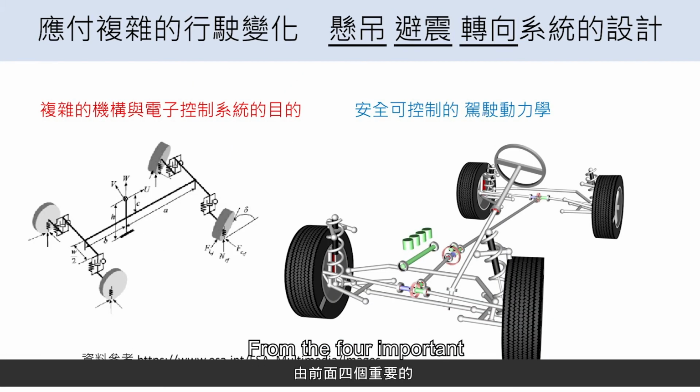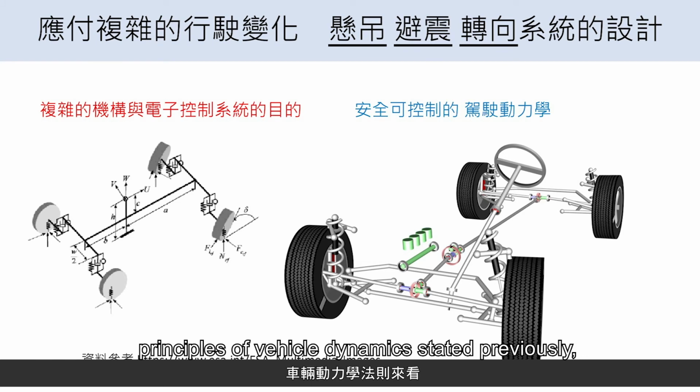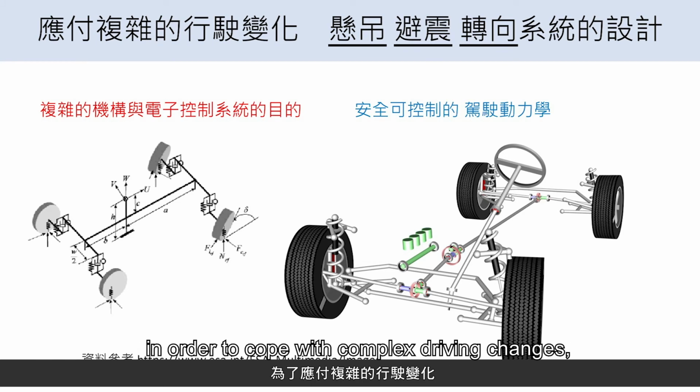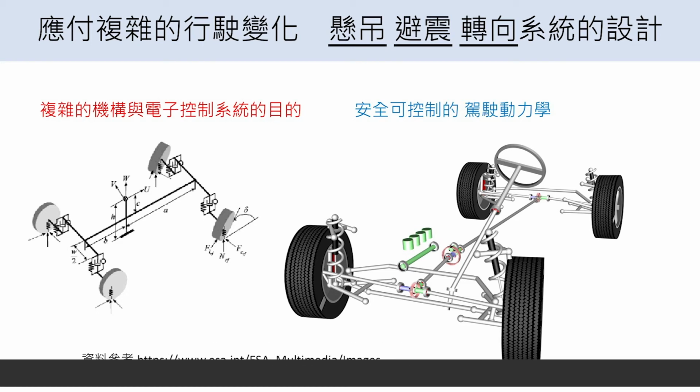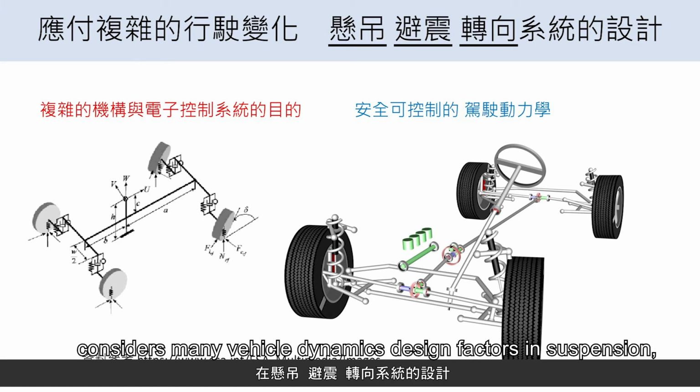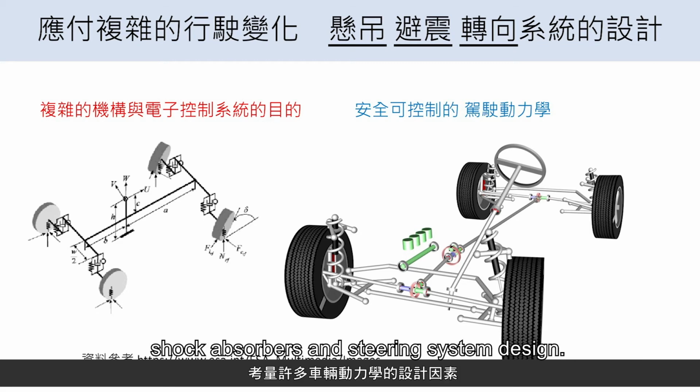From the 4 important principles of vehicle dynamics stated previously, in order to cope with complex driving changes, vehicle design considers many vehicle dynamic design factors in suspension, shock absorbers, and steering system design.